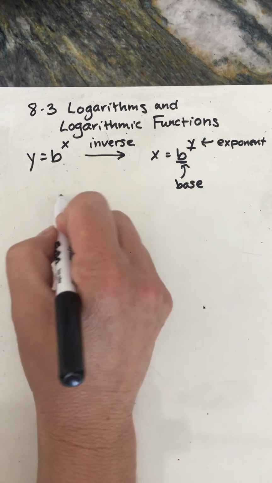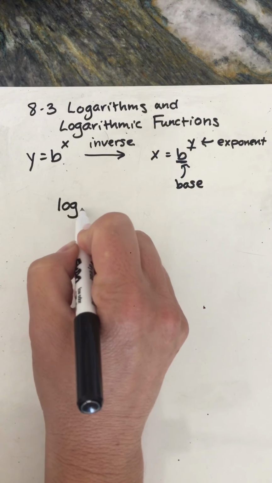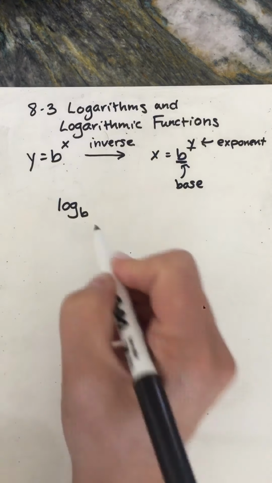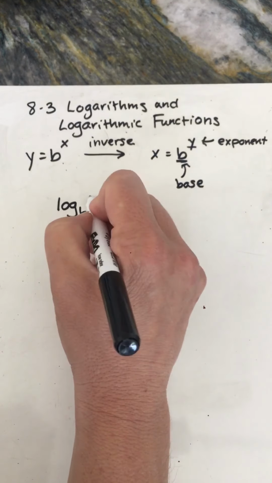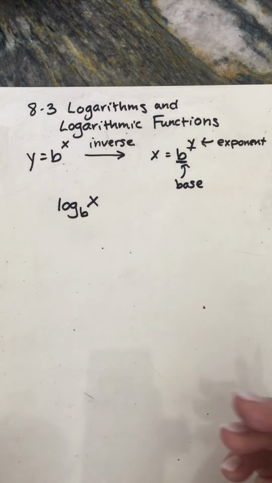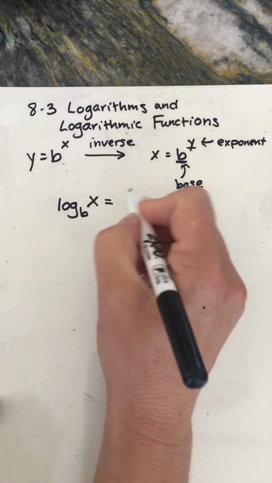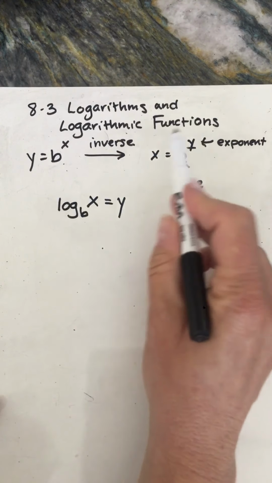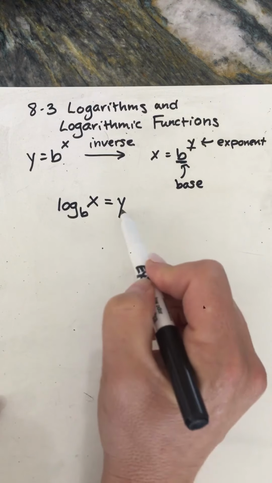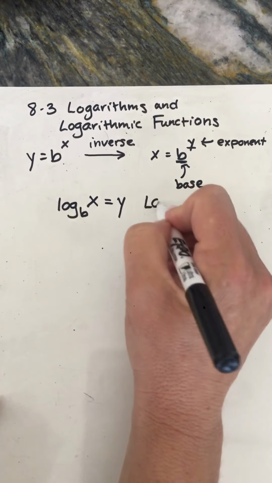And so we write it as log base, so subscript b, so that's what you're multiplying by. That's the power, right? That's our answer, if you will, is equal to your exponent. So this is a way to write this inverse so that you can solve for y. So this is called the logarithmic form.